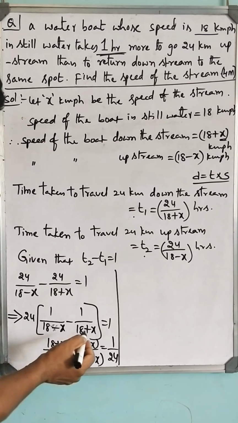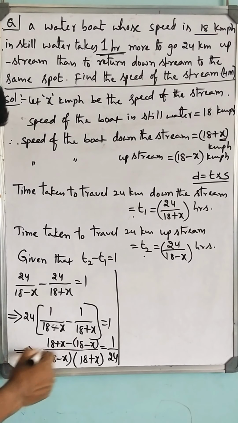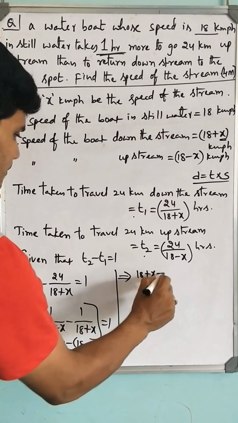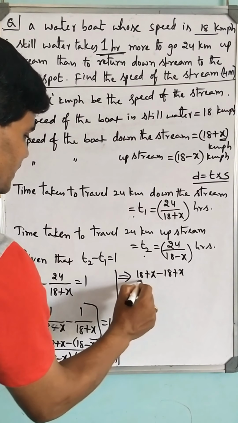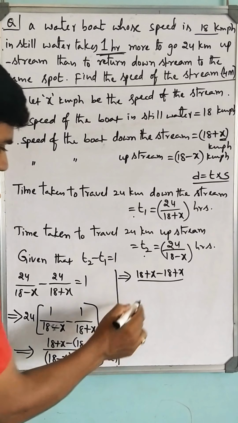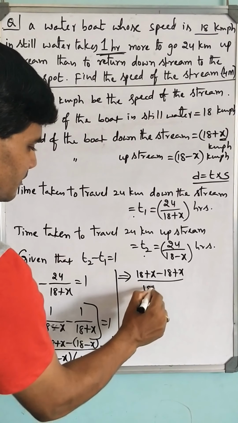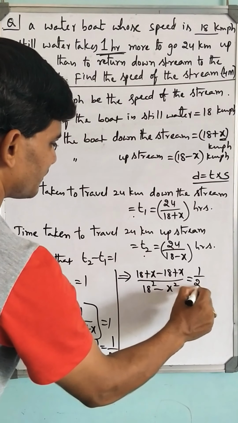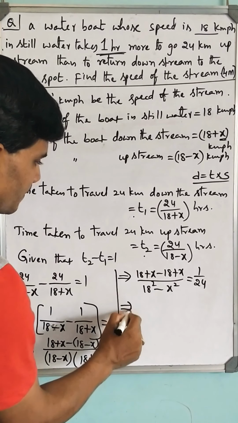Eliminate this bracket. Next step becomes 18 plus x minus 18 plus x, over a minus b into a plus b, a square minus b square, is equal to 1 by 24.